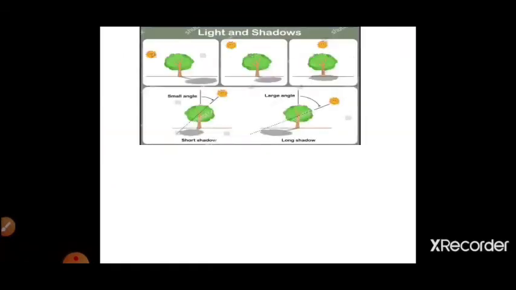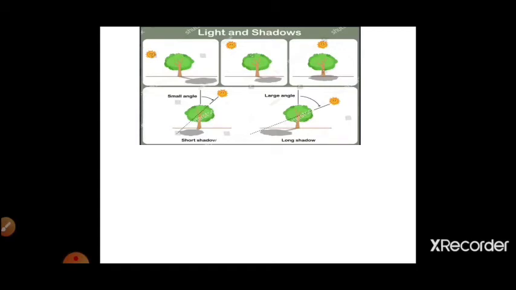Now at different times of the day you can see different sizes of shadow. If you go outside in the morning and face the sun, then your shadow will be behind you and it will be long. And if you go in the afternoon and face the east, that means the sunrise side, you observe that your shadow is just below you and it is very small.